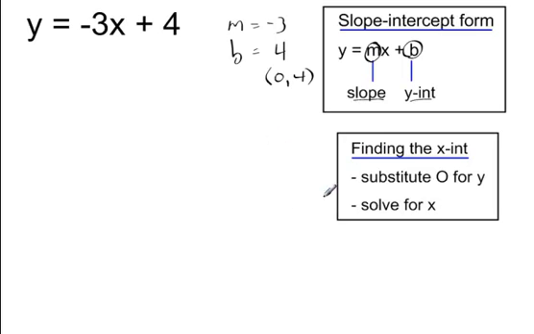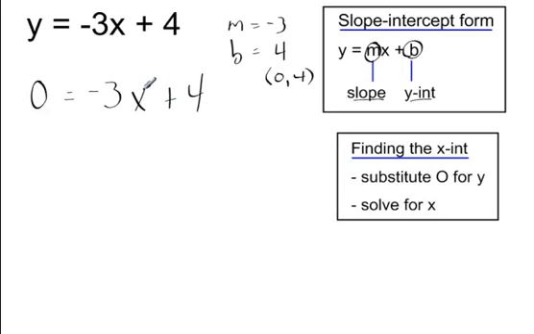And now we have to find the x-intercept. So this we have to do a little bit of calculation. The steps are: substitute 0 for y, because every single y coordinate on the x-axis is 0 since you don't go up or down. So we're going to substitute 0 for the y, and then solve for x.